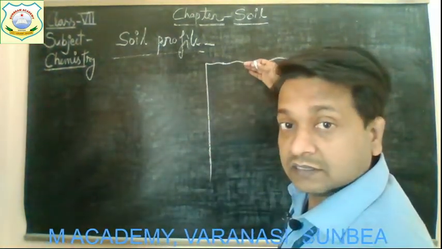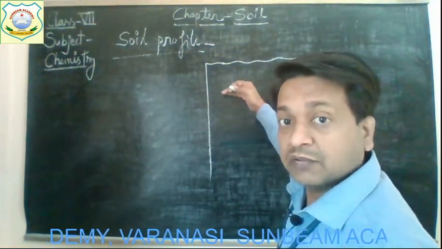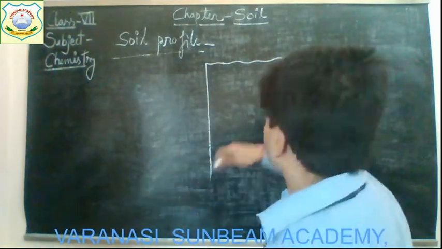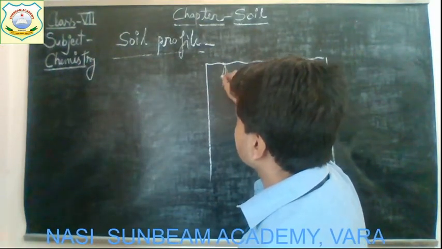If we dig the ground, inside we can find different layers of soil that are different from each other. The upper layer is the one in which the roots of the plants are present.